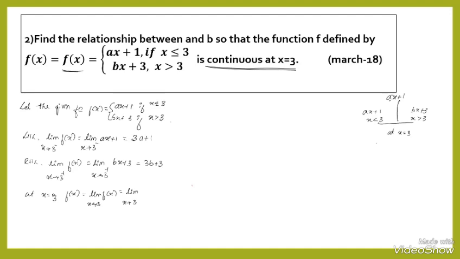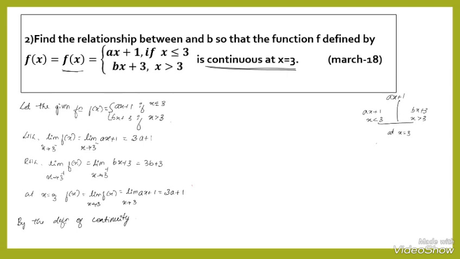The main function at x equals 3 is ax plus 1. Substituting the value, that is 3a plus 1. We know the definition. By the definition of continuity, what do we say?